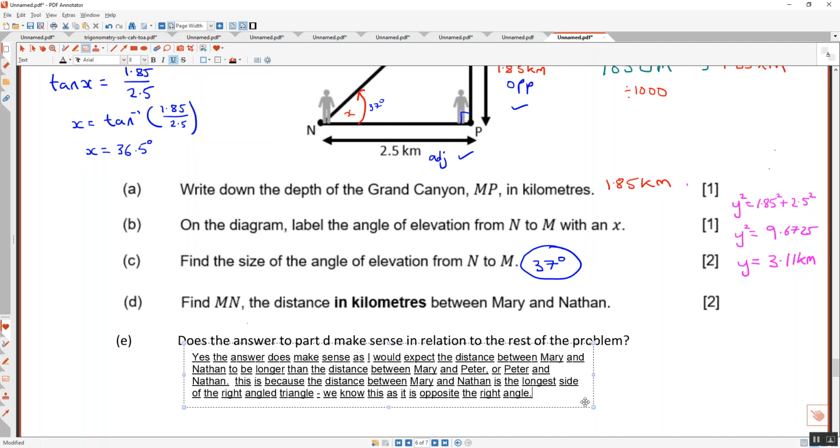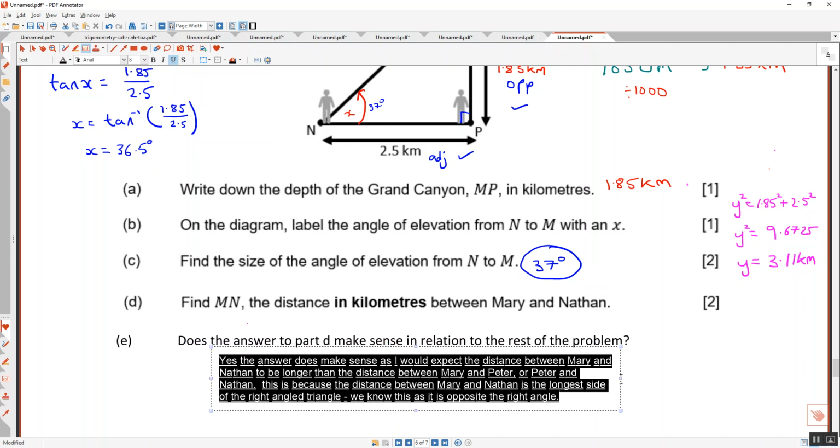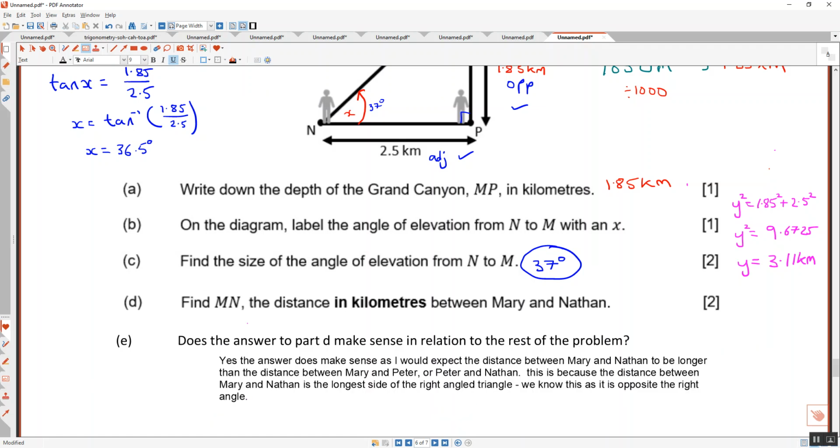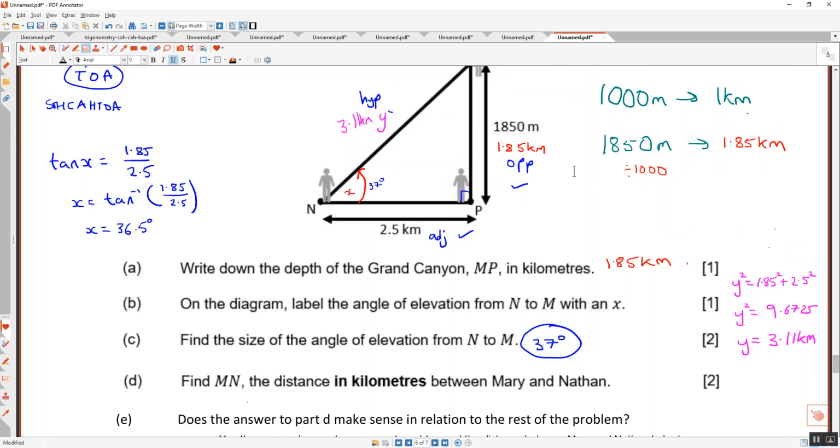Okay, something along those lines. Just explaining why you think the answer is. So yes, the answer does make sense. We expect the distance between Mary and Nathan to be longer than the distance between Mary and Peter, or Peter and Nathan. This is because the distance between Mary and Nathan is the longest side of the triangle. If I'd gotten an answer smaller than 1.85 or 2.5, I know I would have done something wrong.